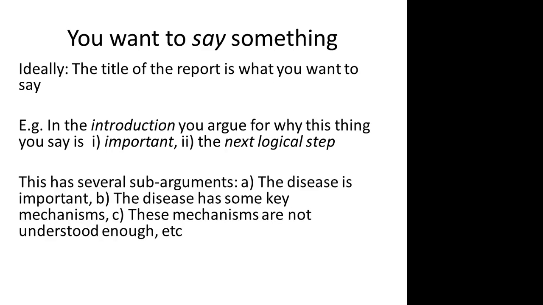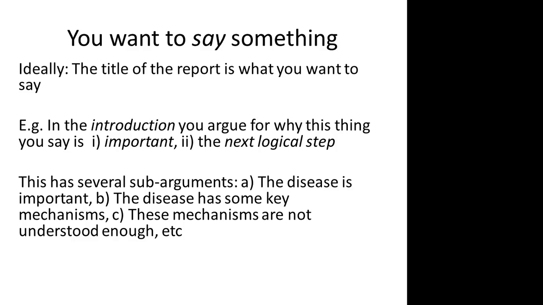And this in itself, the introduction or the background, has of course a number of sub-arguments as well. And usually you start with the importance. The importance in these kind of projects usually comes from a disease. So you need to say that the disease is important.